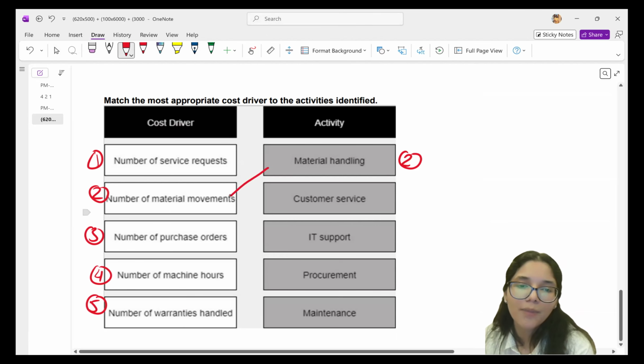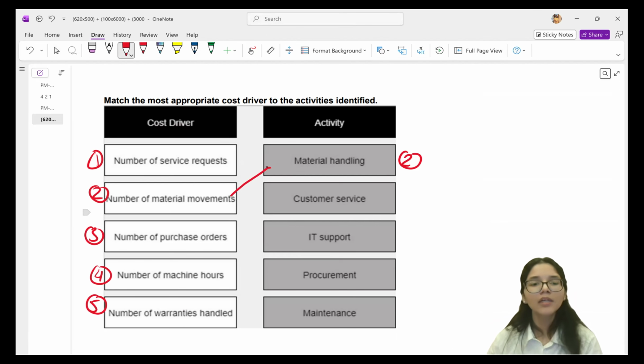Then if you talk about purchase orders, which department does the purchasing at the company? It is the procurement department. So number of purchase orders can be linked to procurement. I can write 3 over here.